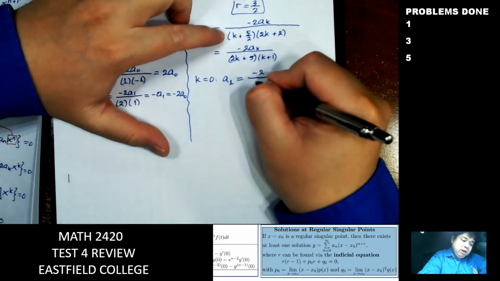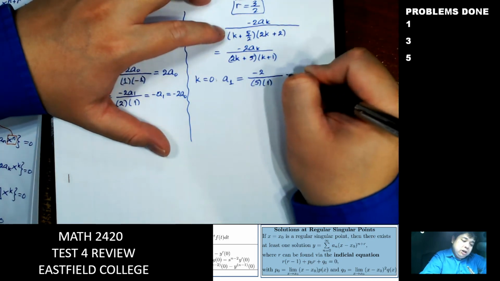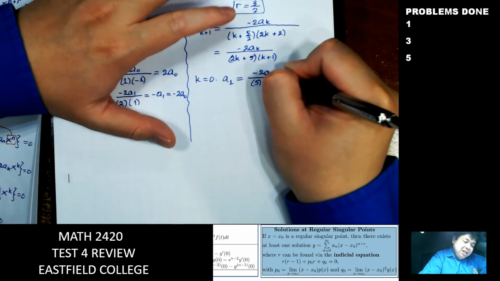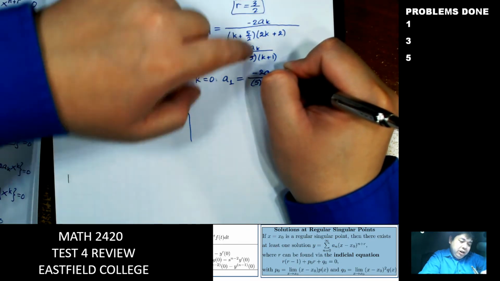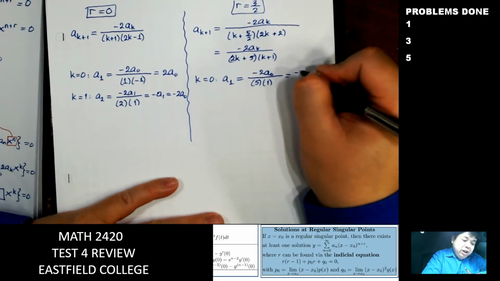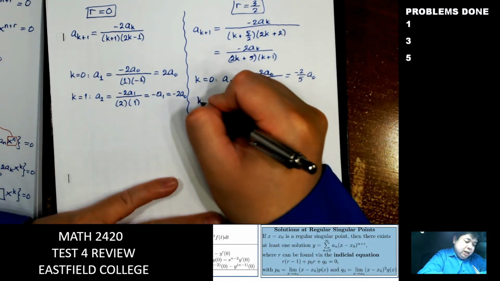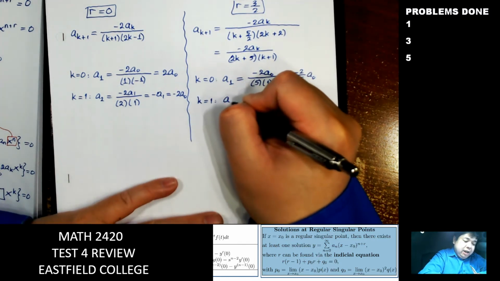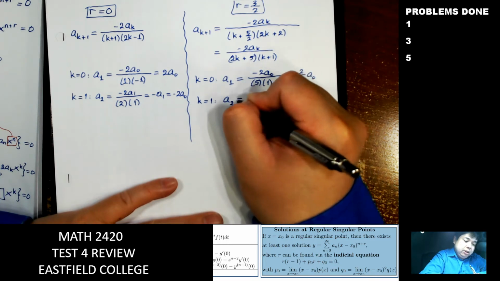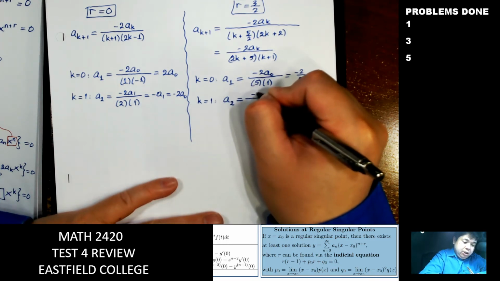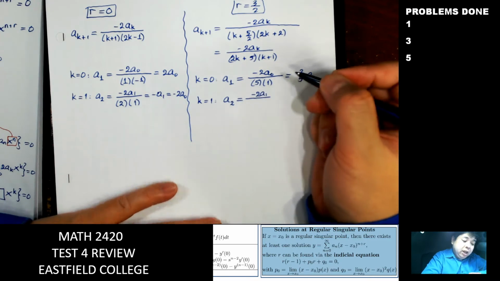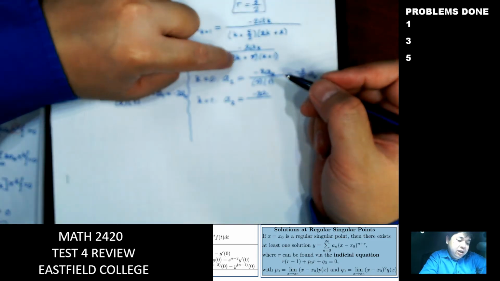K0 will be 5 and 1. Put 0 in here, a to the 0. So we have negative 2 over 5, a0. Now k equal to 1, a2 is negative 2, a1. Now we put 1 in for k here.